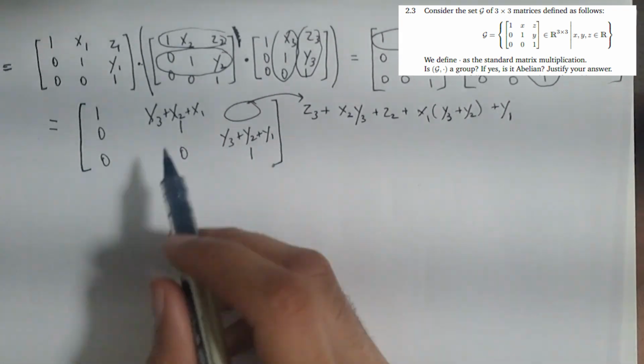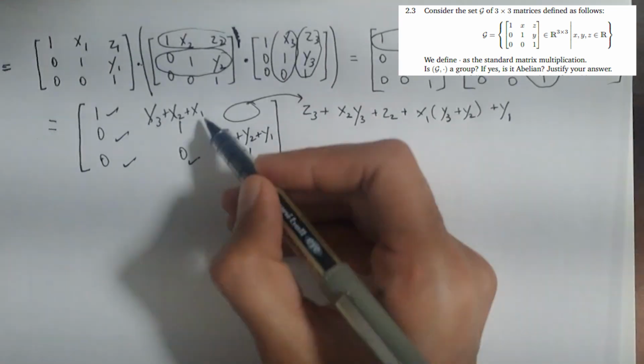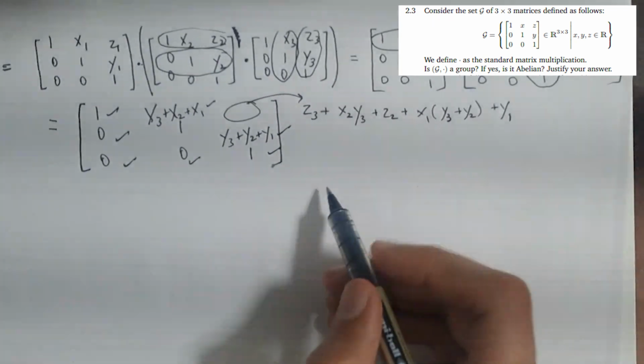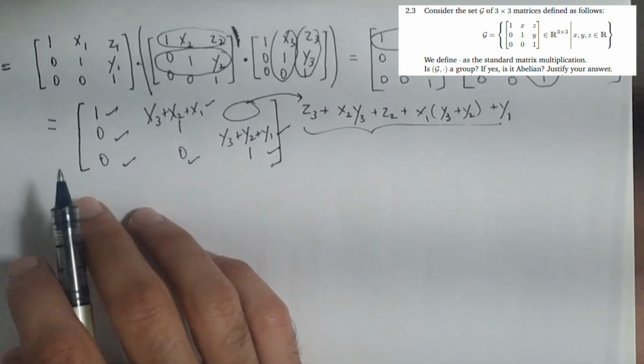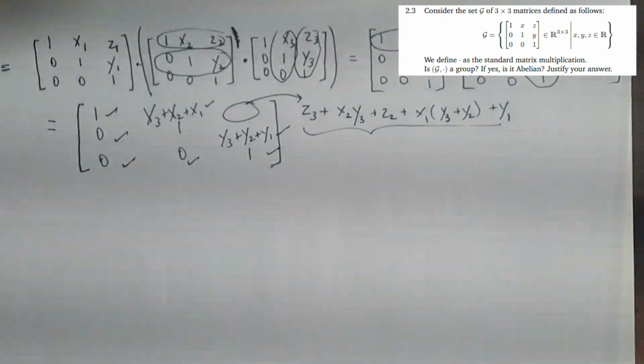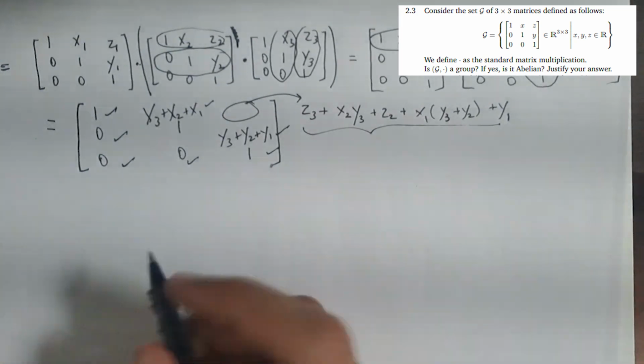If you compare this from the left hand side matrix, this is the same, this is the same, this is the same, this is the same, this is the same, this is the same, this is the same. If this element is also the same with its corresponding element, then the left hand side and the right hand side are equal, and therefore this is all associative. Let's look at the left hand side value.